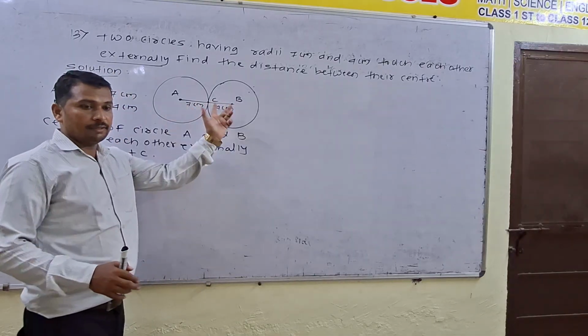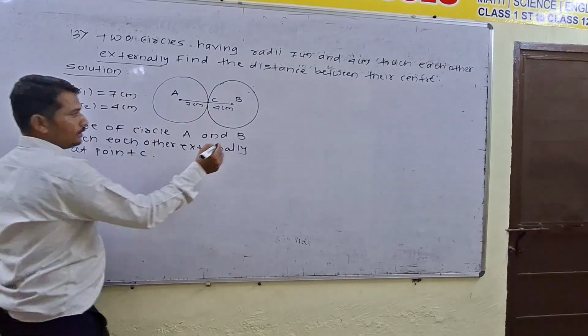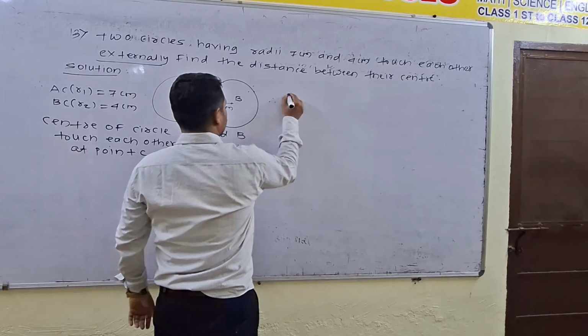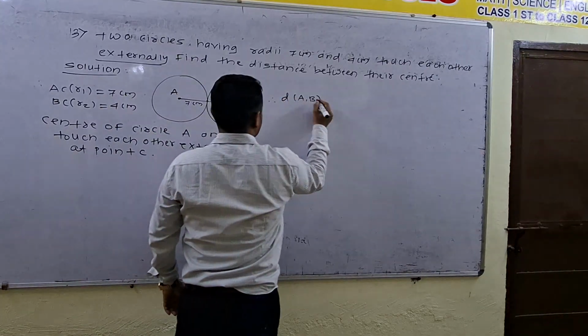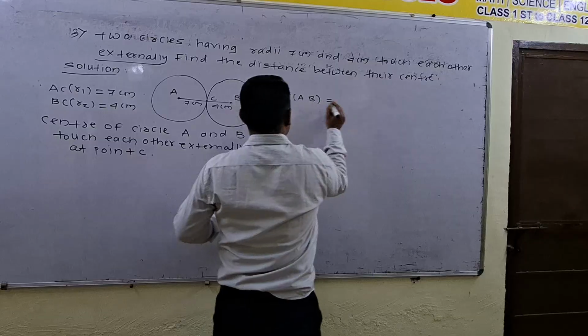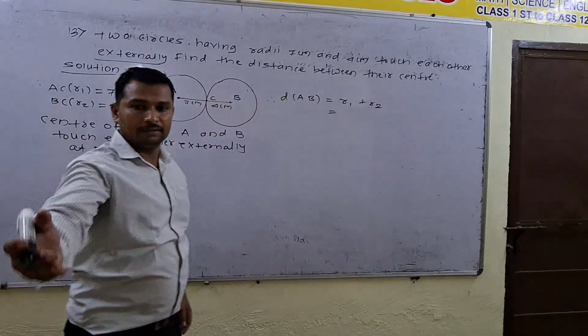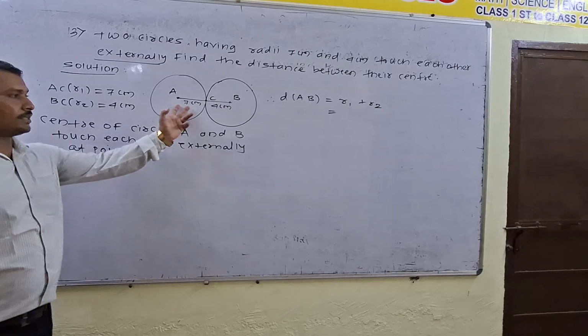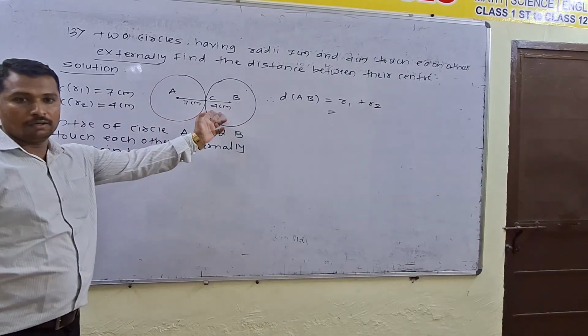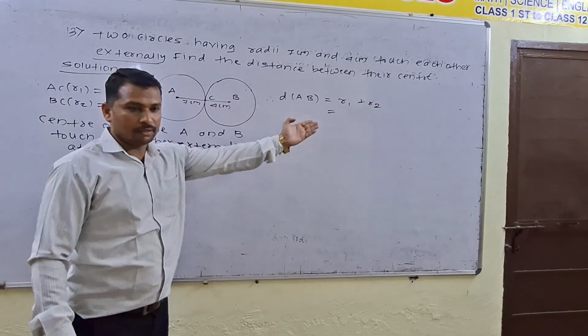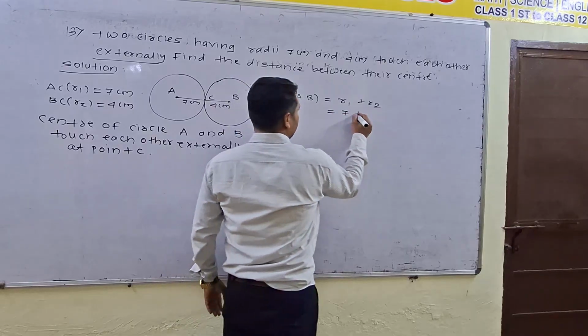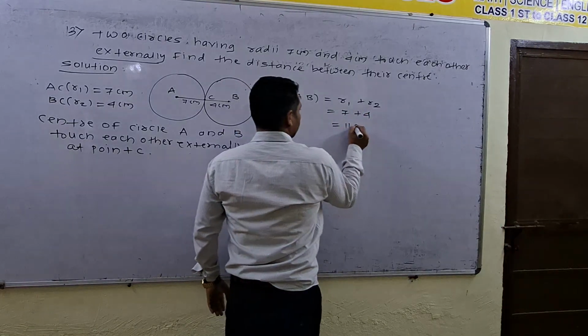AC plus BC. So write down there again. Therefore, the distance of AB is equal to R1 plus R2. What is R1? R1 is 7, R2 is 4. We put in their values: 7 plus 4, 11 centimeters.